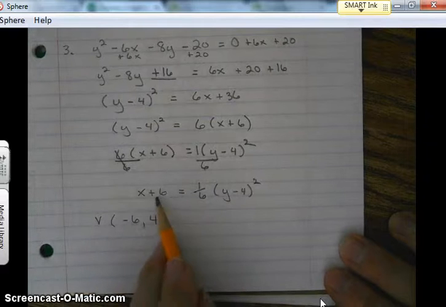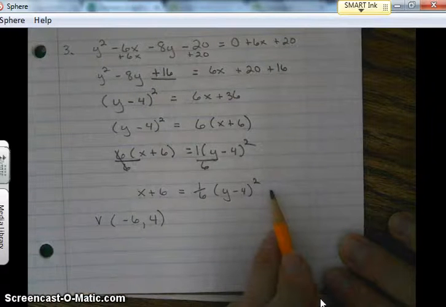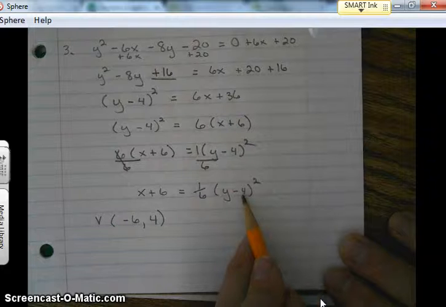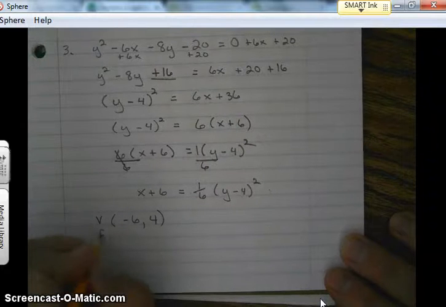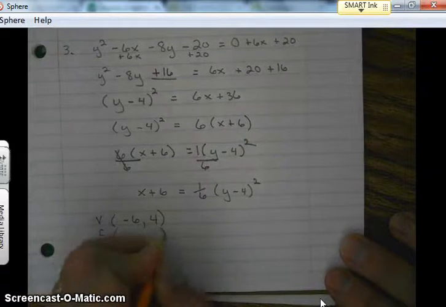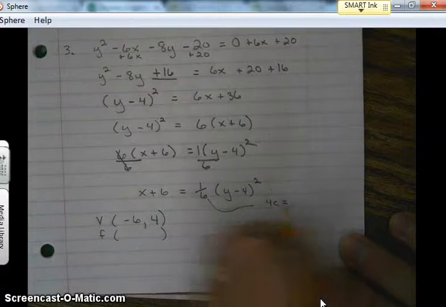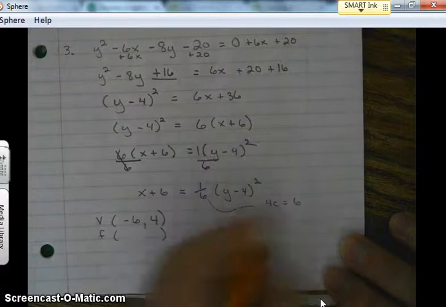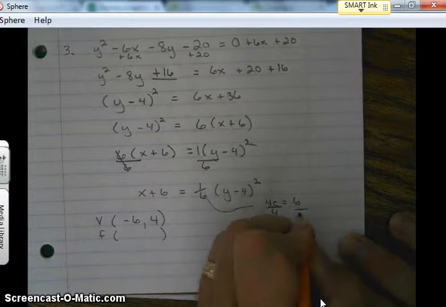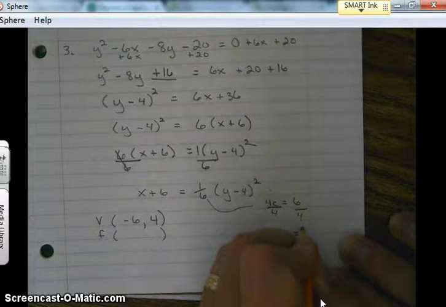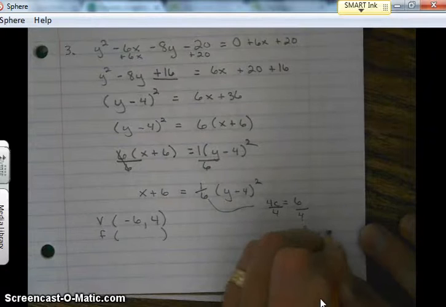Well, if you subtract the 6, you get -6 over here. So -6, 4. Okay, focus. Well, to get the focus, we need to set the denominator equal to 4c. So in this case, c is going to be equal to 6/4 or 3/2, which is equal to 1.5.